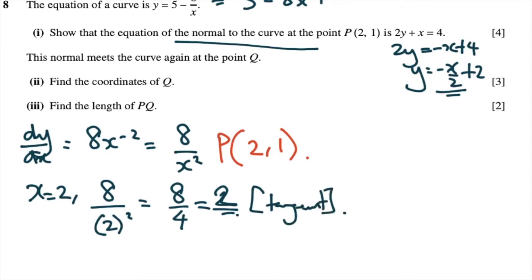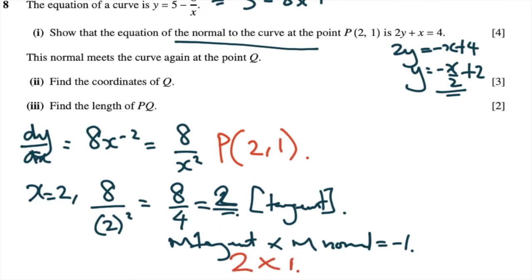So what's the normal? Gradient of tangent times gradient of normal equals negative 1. So from here we know 2 times m normal equals negative 1.